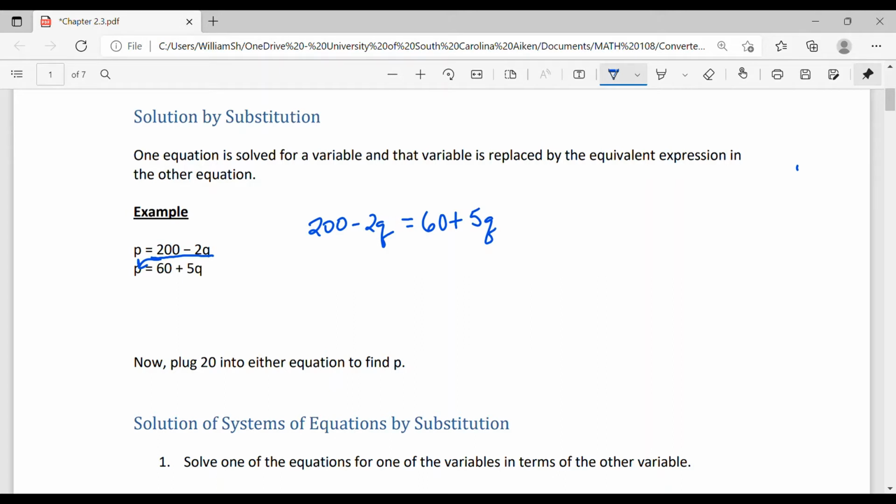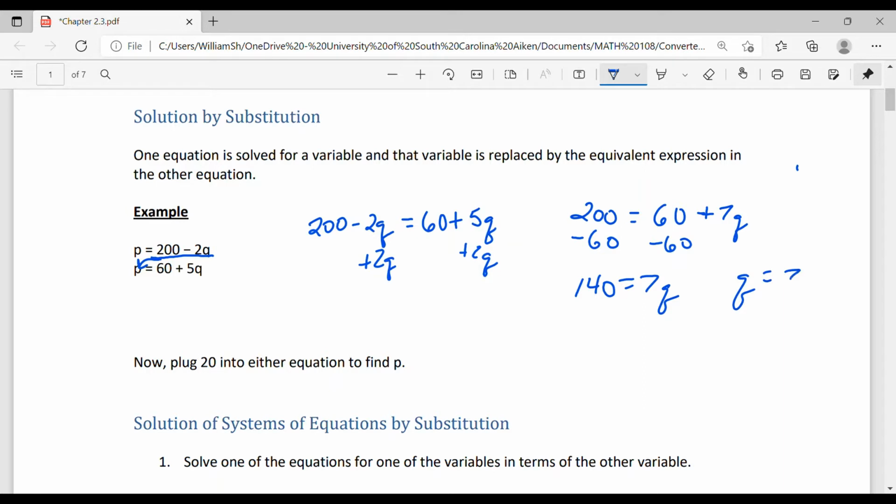I'm going to add 2q to both sides, and I get 200 equals 60 plus 7q, and then I'm going to subtract 60, and I get 140 equals 7q, so that q equals 20.